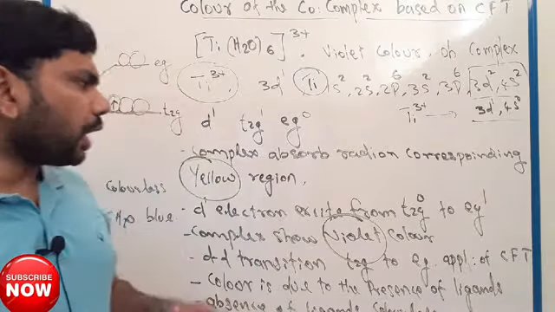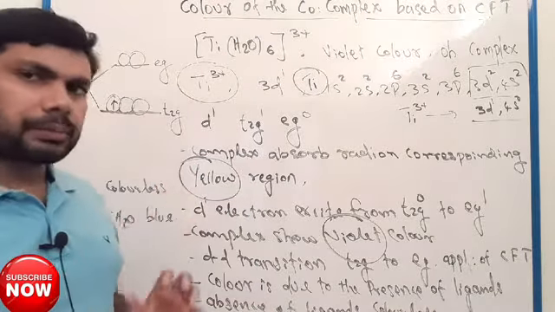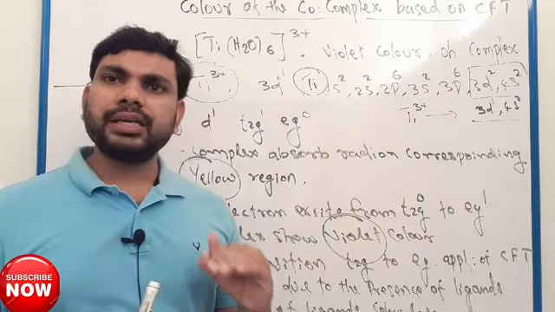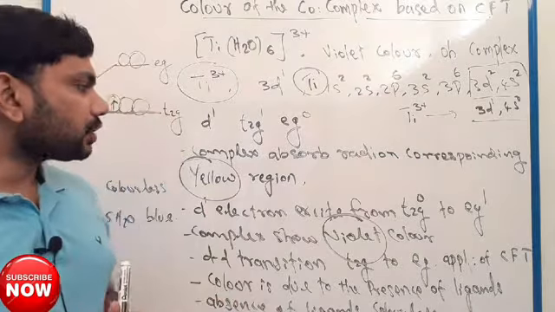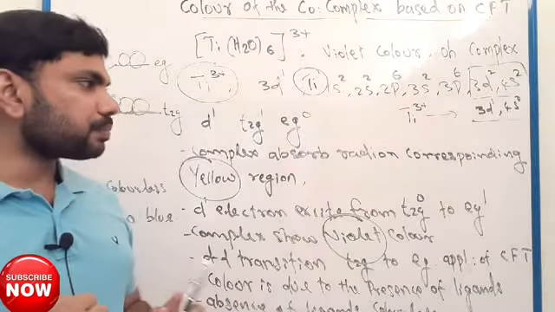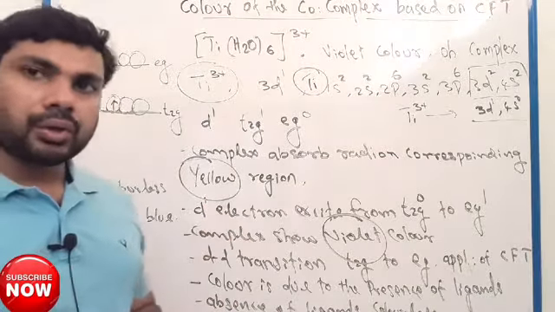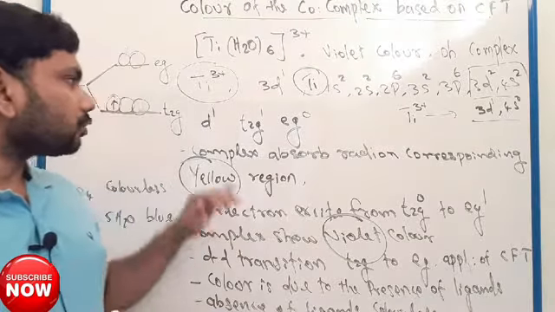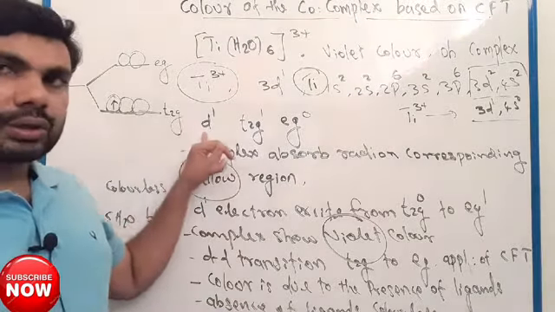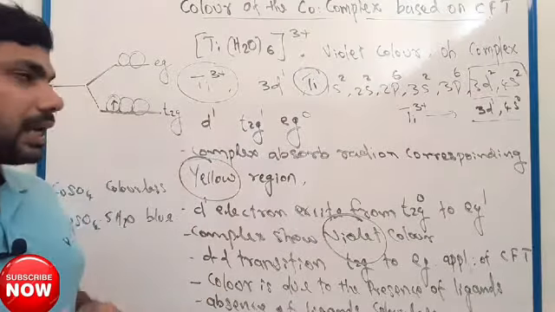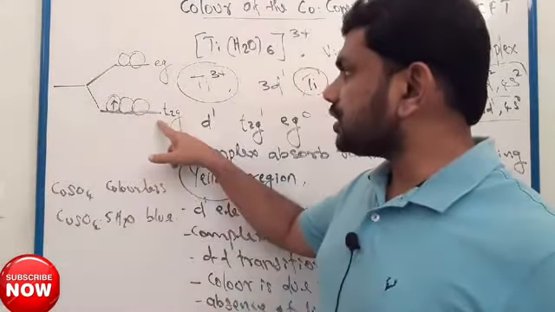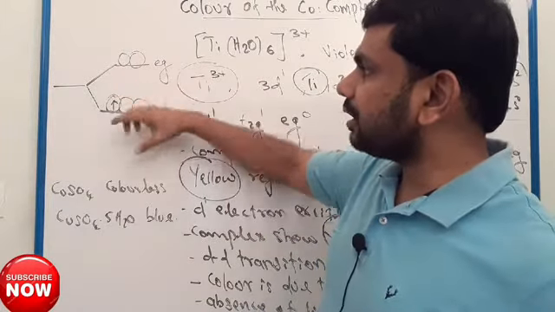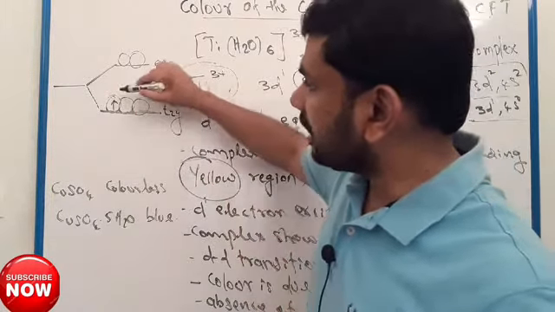So after passing radiation with a suitable frequency, this coordination compound absorbs radiation corresponding to the yellow region. Also, the electron from this d1, this electron from t2g, will be excited and move to the eg level.